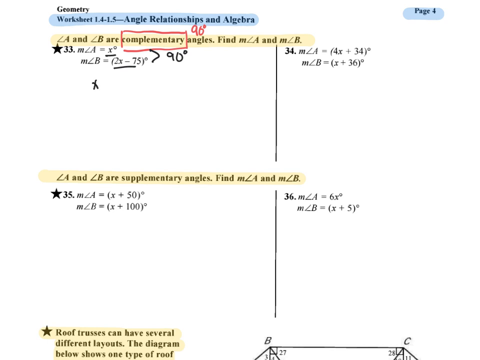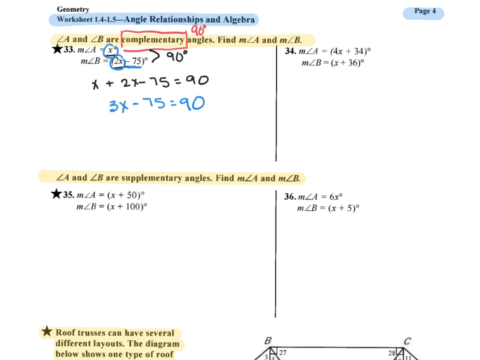So I can write my equation x plus 2x minus 75 equals 90, or I can do some mental math. x plus 2x is 3x, and then I just have minus 75 equals 90. In either case, I'm just adding the 2 angles that are given to me and using the word complementary.